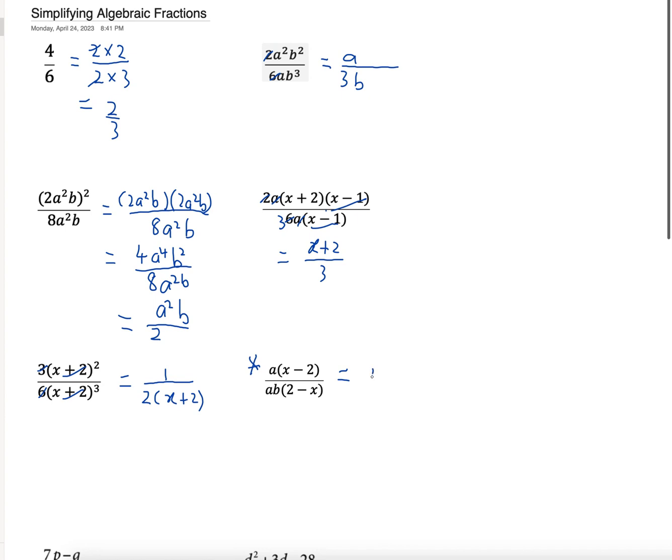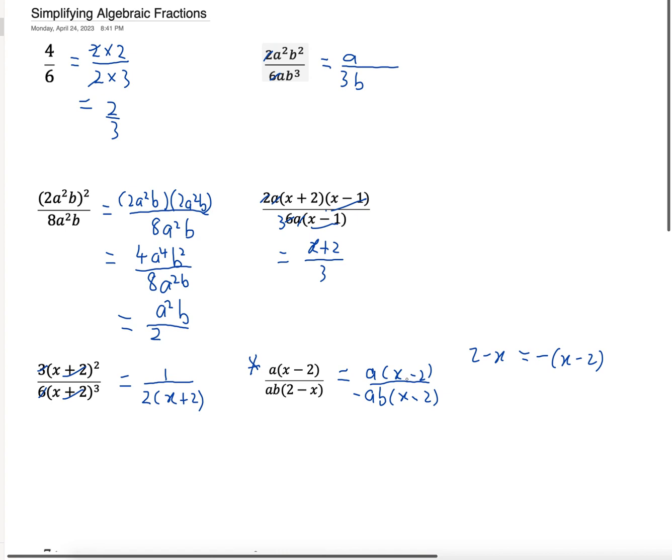When we take out the sign, we put it right in front, and we switch the terms. So 2 minus x is equal to minus x minus 2. When we take out the sign, we can switch the position of the terms.